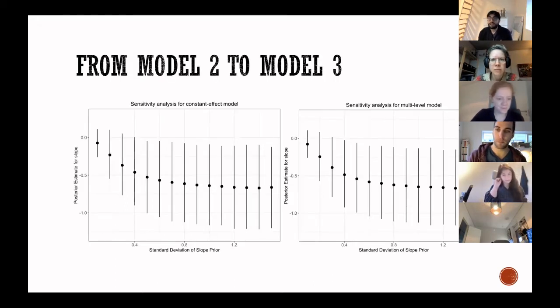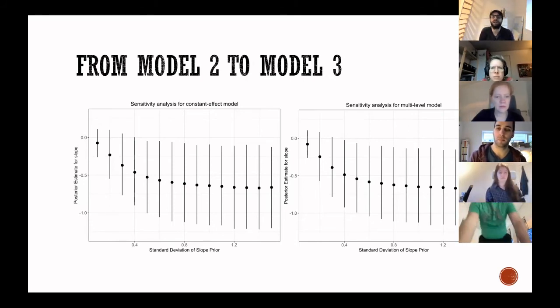We can look at how things have changed from model 2 to model 3, right? And what has changed is that in the multi-level model, there is a slight movement towards lower estimates, towards more negative estimates, towards more hypoarticulation, even with the very regularizing priors.